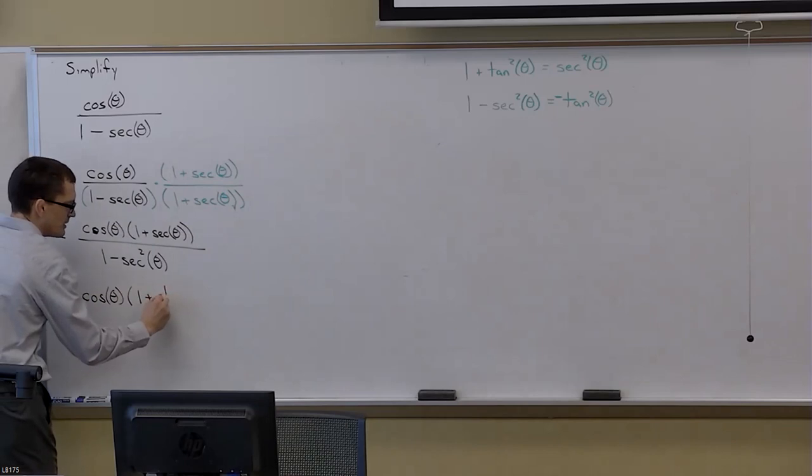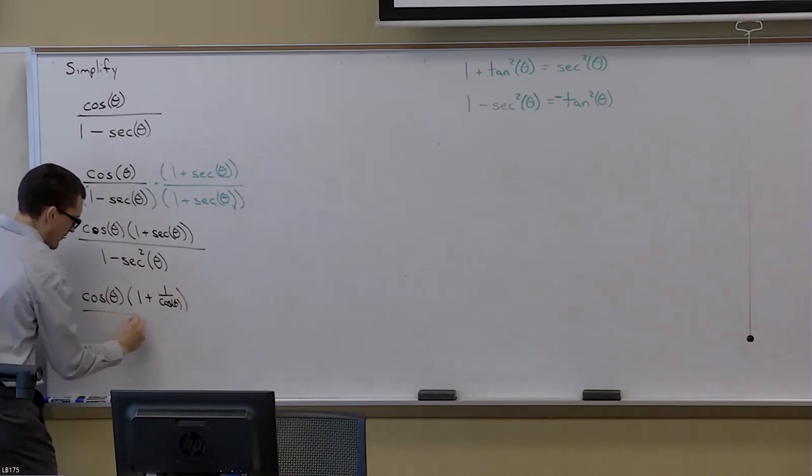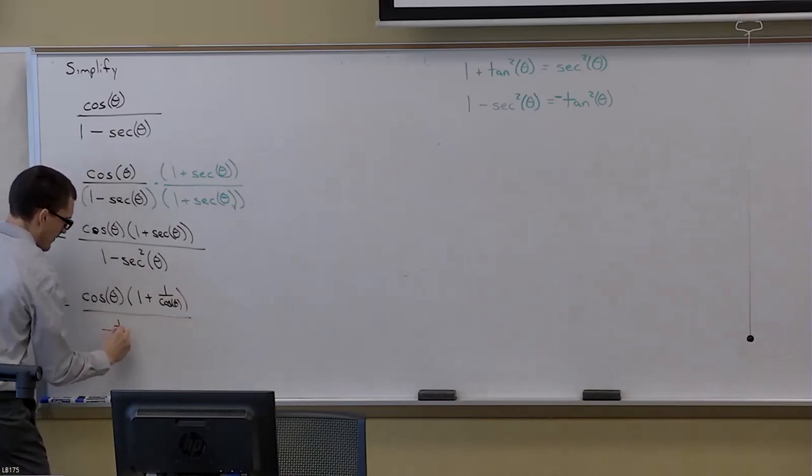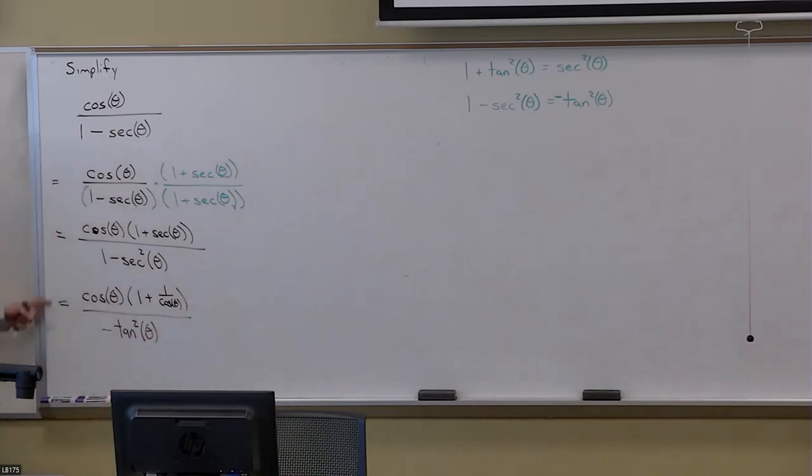I'm going to write it this way. I'm going to write it as cosine theta times 1 plus, instead of secant, I'm going to write 1 over cosine. Because when I multiply cosine through, cosine times secant should give me 1. So that's just a way to see that's going to happen.